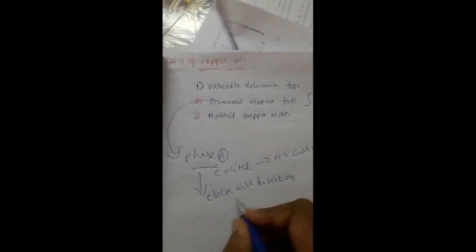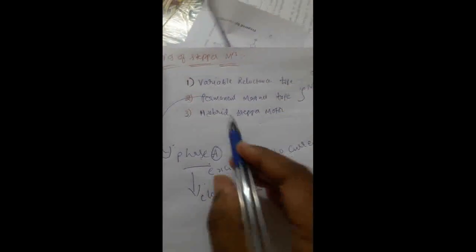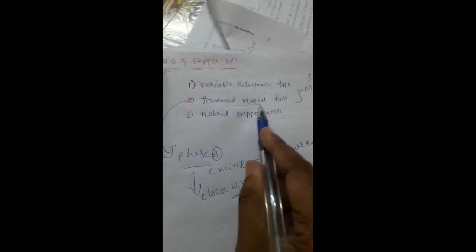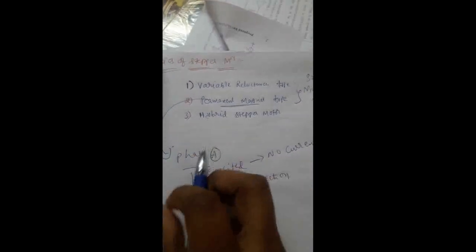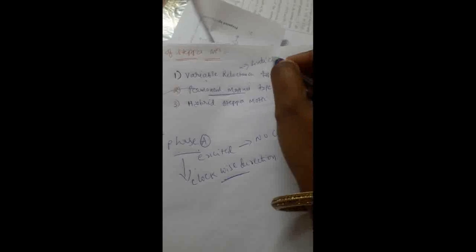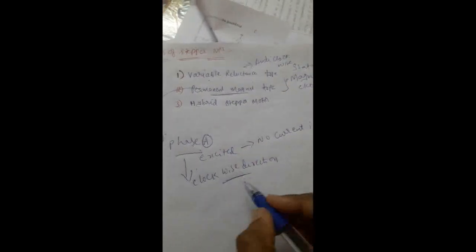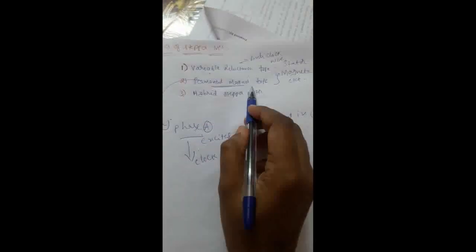In the permanent magnet type, the rotor is a permanent magnet type rotor. In variable reluctance, it rotates in the counterclockwise direction, that means the anti-clockwise direction. This is the principle that we use in the permanent magnet type.